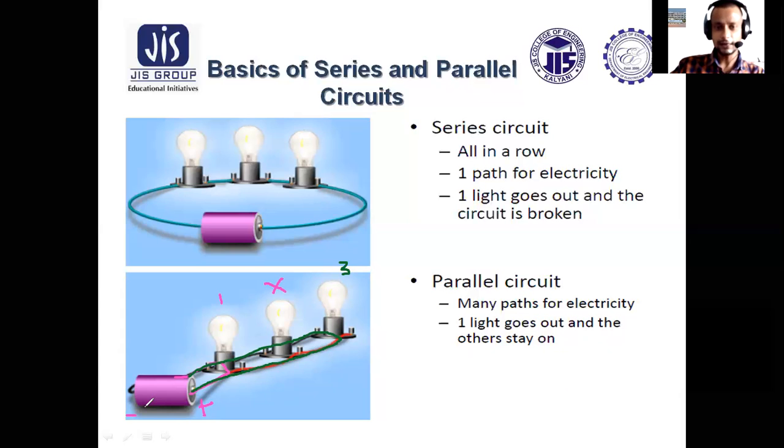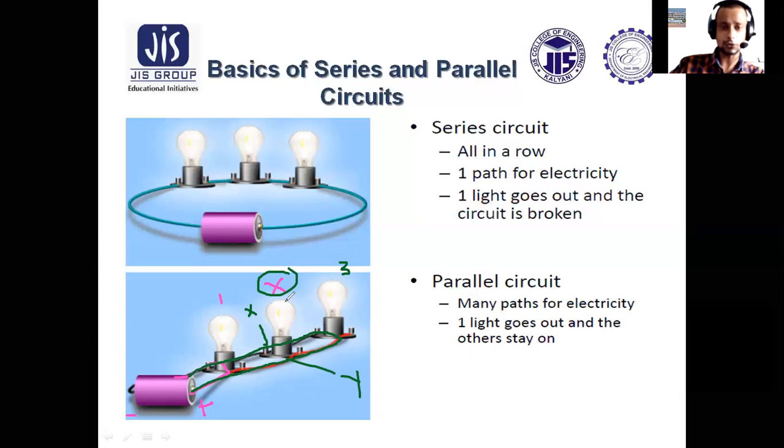So what is concluded here? Although this is blown, this will act as an open circuit. So these two terminals, say this is X terminal, this is Y terminal, X and Y terminals will act as an open circuit because the bulb is not working.